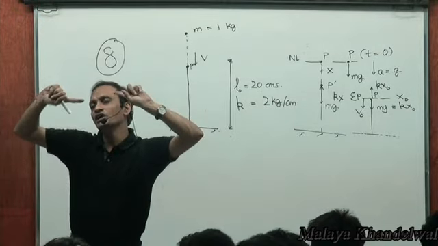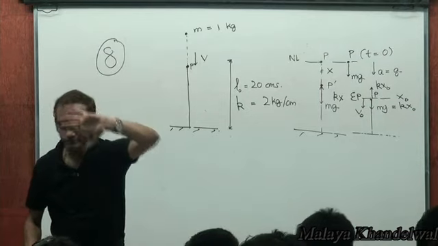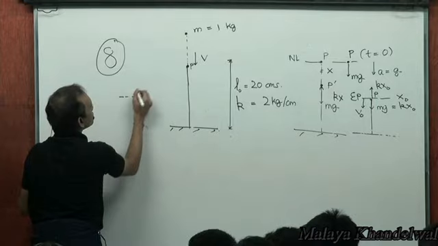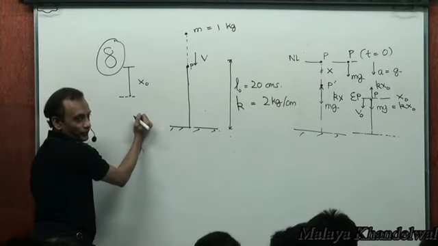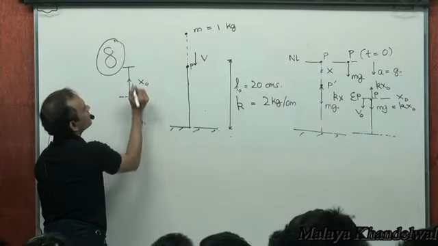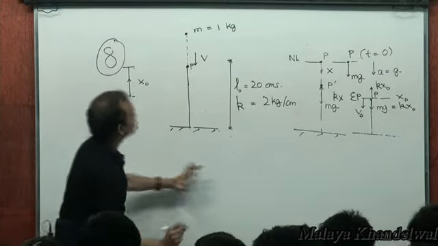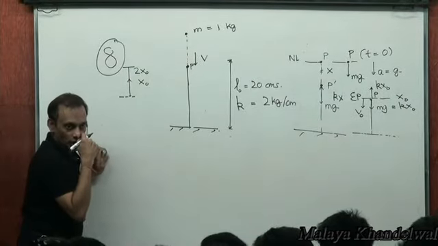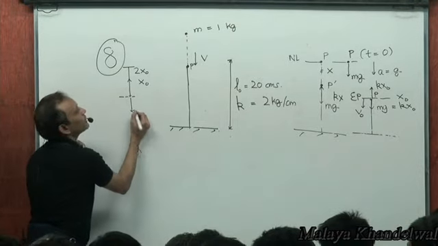Whatever be it, the position of equilibrium is the position where the velocity must be the maximum. That's a point where the spring force is taken care of by the weight. Which means the equilibrium position is x naught units from top. Spring force is kx naught, k is how much? 2. So 2x naught is the spring force, balanced by the weight.